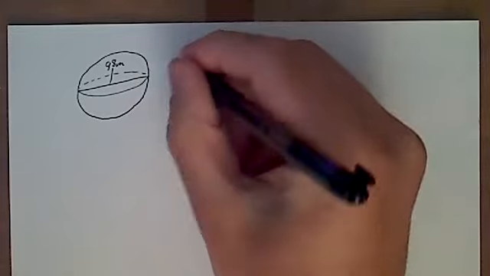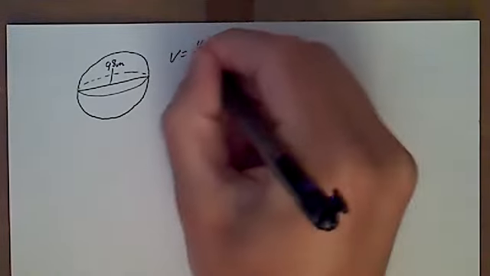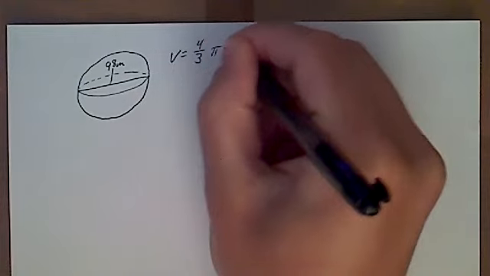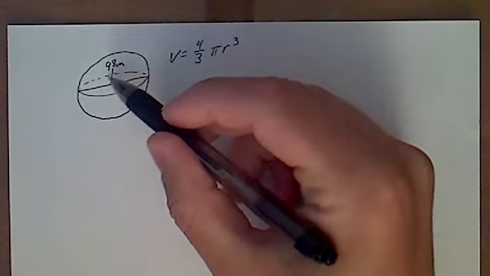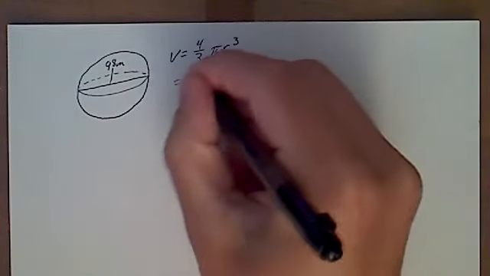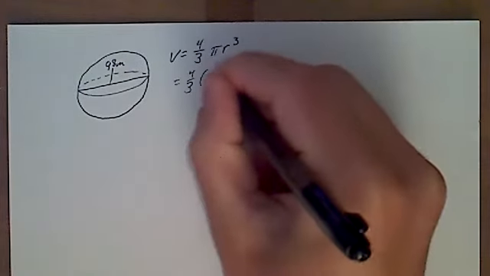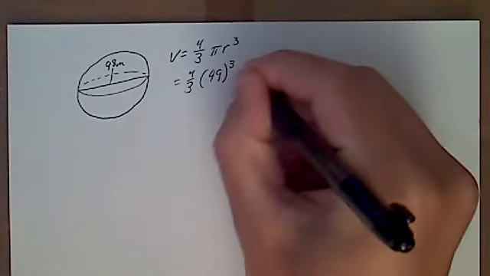The volume is 4/3 pi r cubed. R is not 98, right? 98 is the diameter, that's D. So this is half of that, which is 49. Right, so we have 4/3, 49 cubed pi.